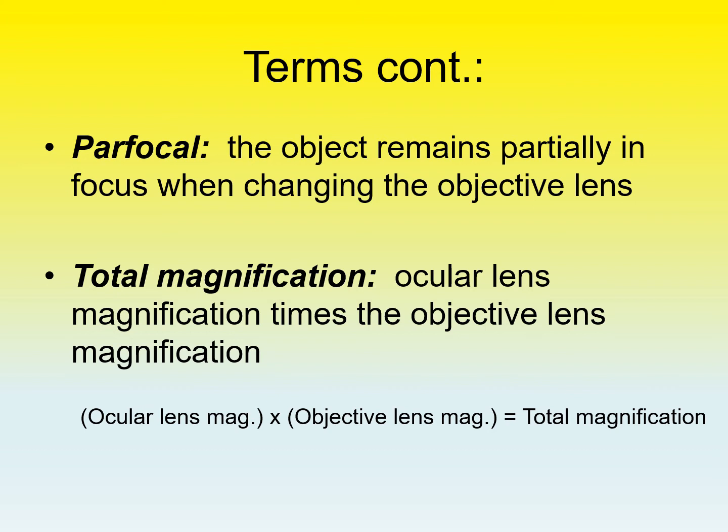So when you switch to a higher objective lens, you don't have to start all over again with trying to find your specimen. The total magnification, often abbreviated as TM, that is just simply the magnification of the ocular lens, which is the eyepiece, times the objective lens. So you just multiply those two numbers together to get your total magnification.